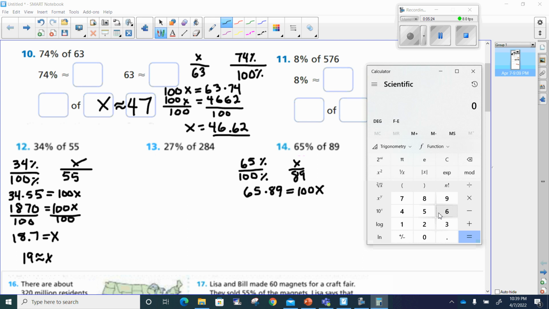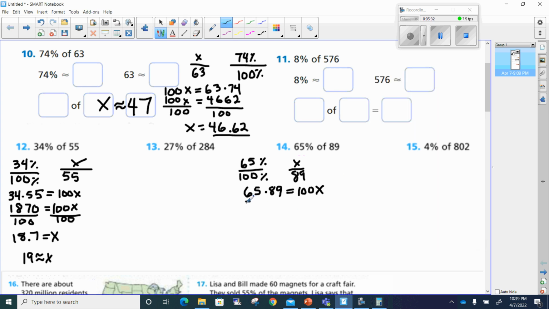When I solve this, I get 65 times 89. That's 5,785. That has to equal 100x. And I divide 100 away from x.